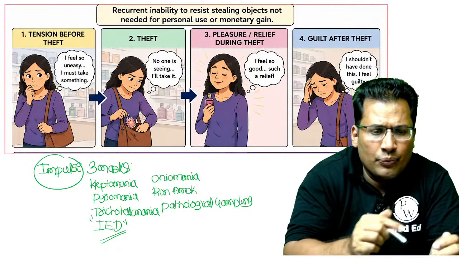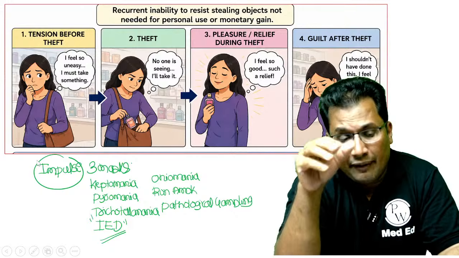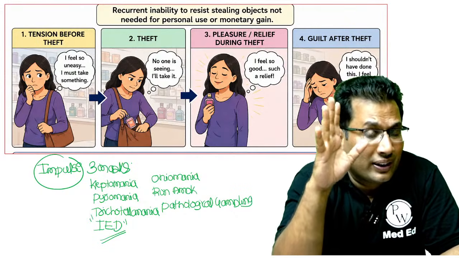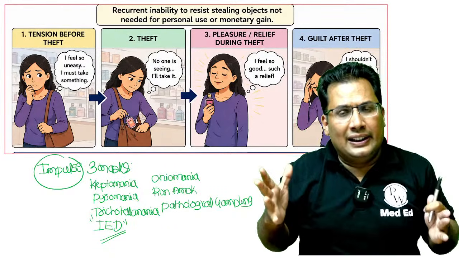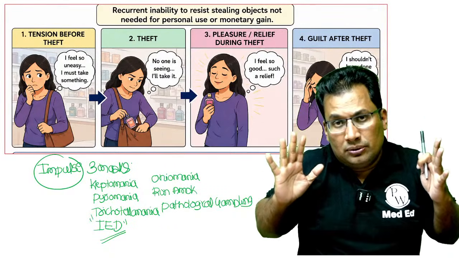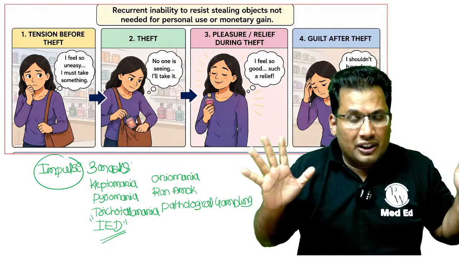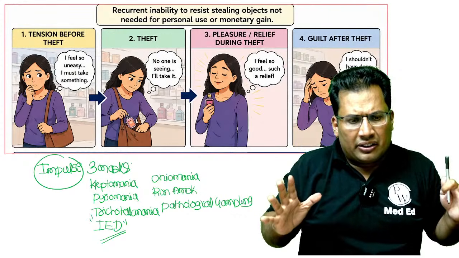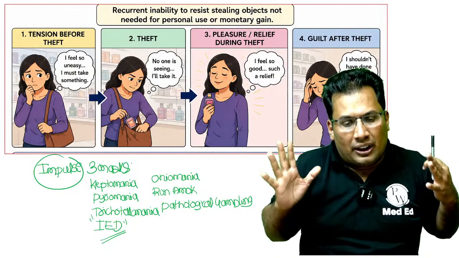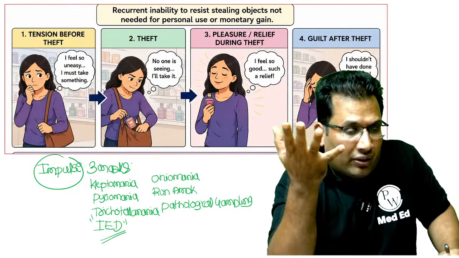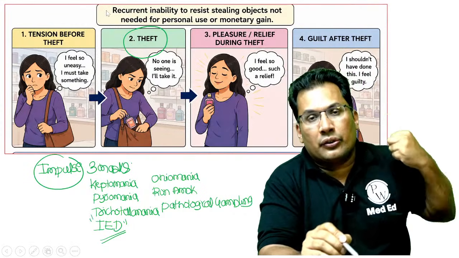Now look at this. Here is the lady. So imagine Queen Victoria was having this. Lot of tension before theft. I feel so uneasy. I must take something. So a girl from a very high standard, very rich, thinks, I feel so uneasy. I'm not feeling well. I must take something. Then theft. Theft means, okay, no one is seeing, I will take it.